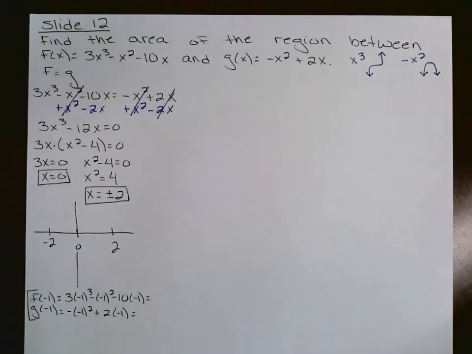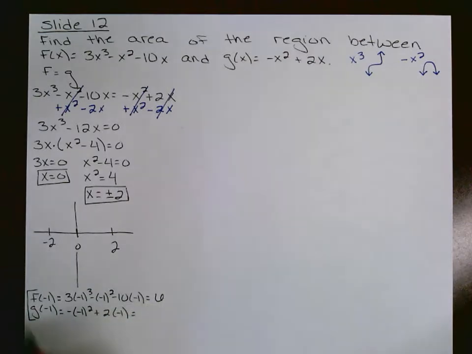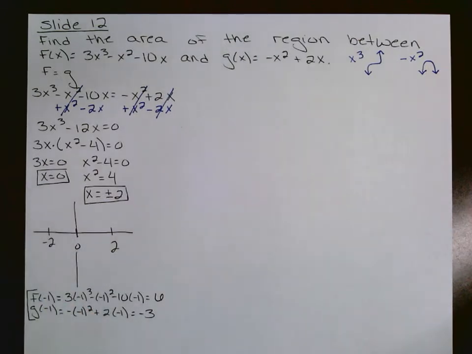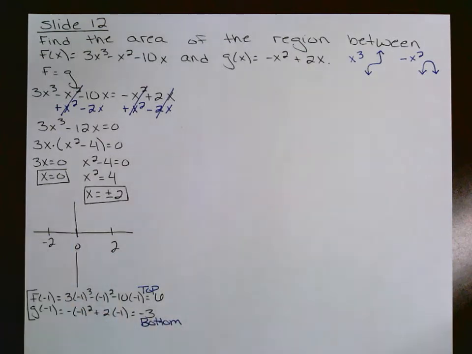Okay, guys, what did you guys get for f of negative 1? 6. Good. And then g of negative 1? Negative 3. Good. So on this left portion, who is on top? Okay. And who is on bottom? Right. So this is for my left portion.